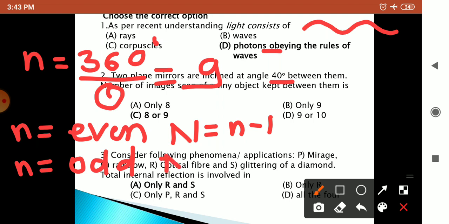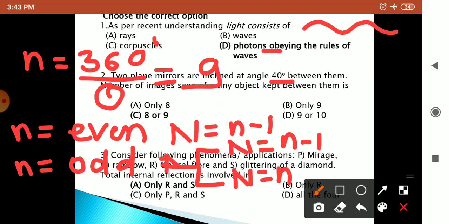That time it gives two possibilities of seen images, when the object is kept on the bisector and off the bisector. When it is on the bisector, N is given by n minus 1. Off the bisector, N is equal to n, that is, seen images is equal to formed images.